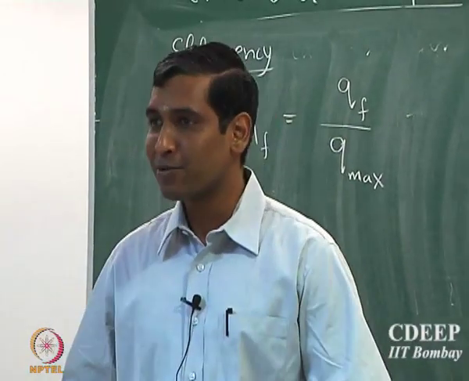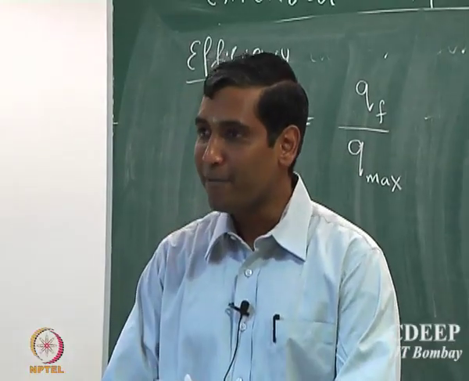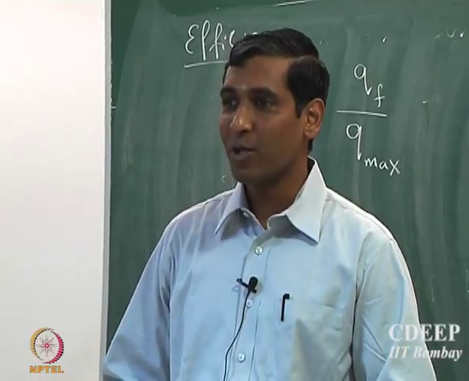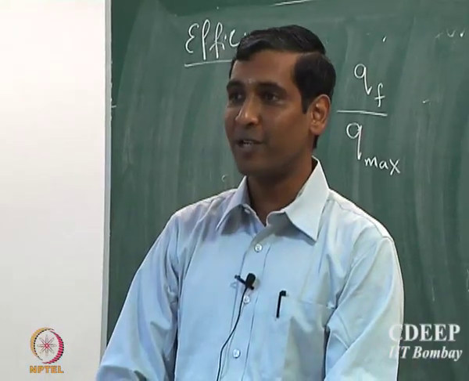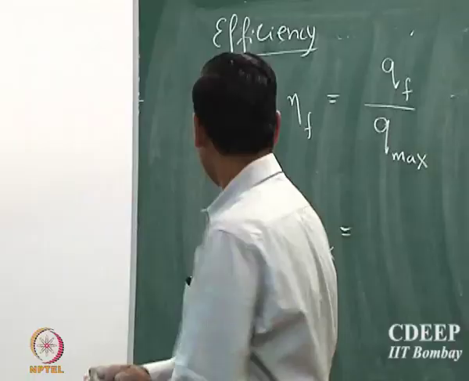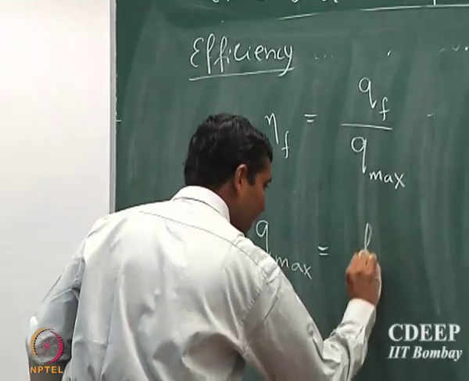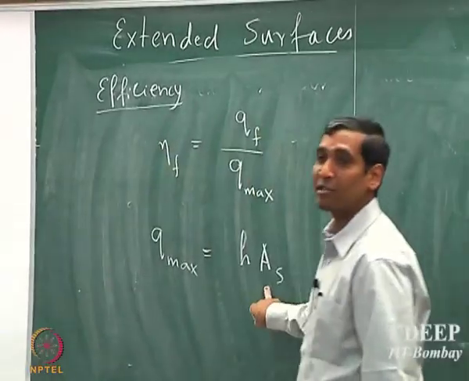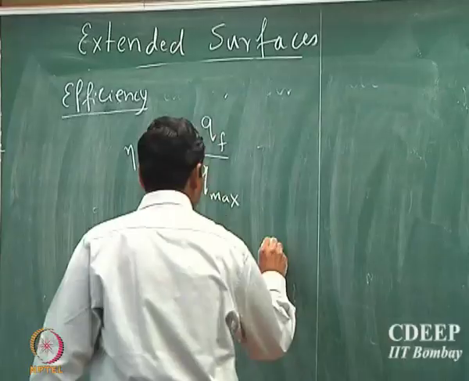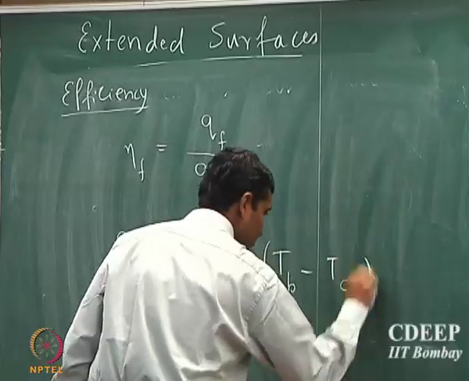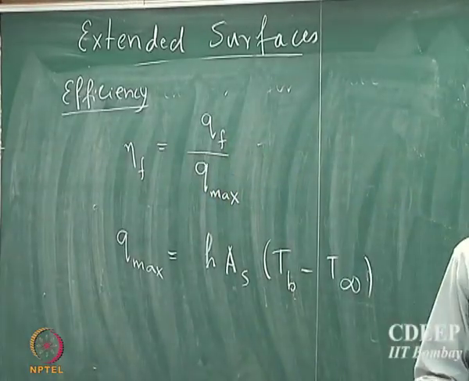So when can you achieve maximum heat transfer rate? When the temperature in the fin is constant, and not just at any constant, it should be equal to the temperature of the base itself, because that's the maximum possible heat that you can transfer. So therefore Qmax is simply given by h into the overall convective heat transport area multiplied by Tb minus T infinity, where Tb is the base temperature.